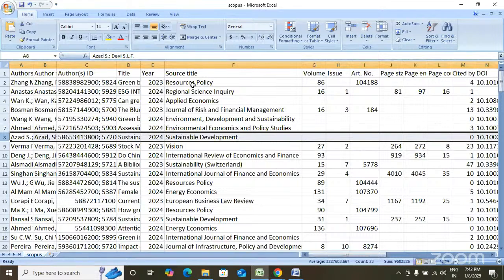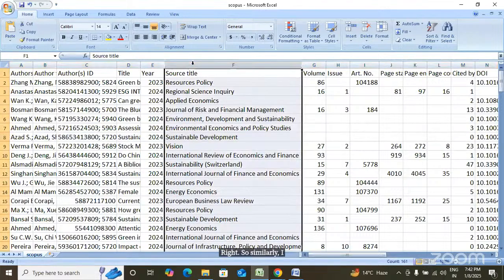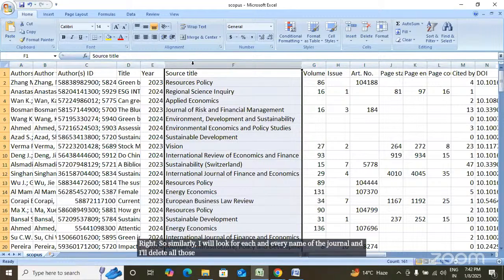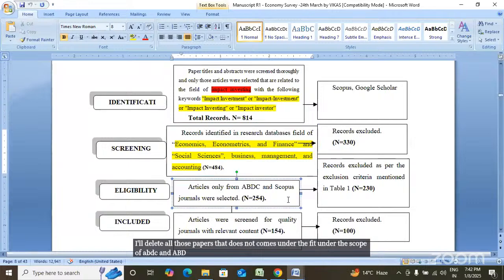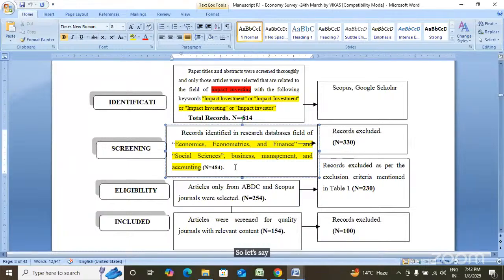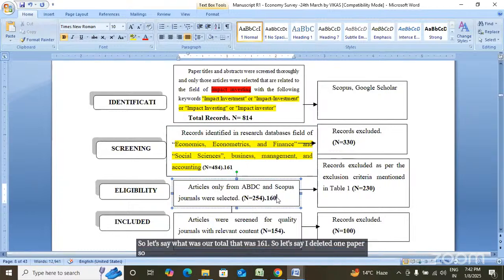Similarly, I will look at each and every journal name, and I'll delete all those papers that do not fit under the scope of ABDC and Scopus. So what was our total here? That was 161. Let's say I deleted one paper, so it comes out to be 160, right?